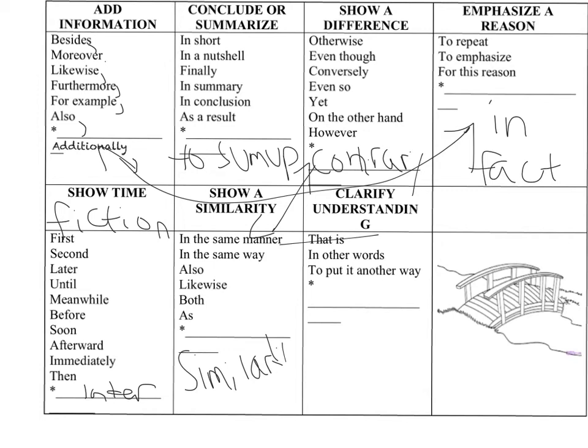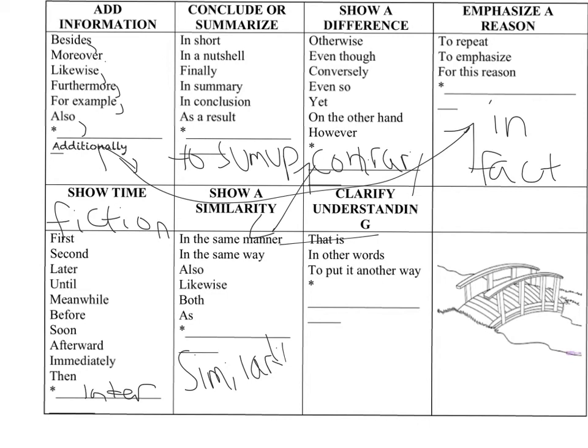Then the last section is to clarify an understanding. That's basically what it means is you're trying to help the reader understand what you mean. So for example, when I use in other words, if I said, I love to play football, I might say, in other words, most Americans call that soccer.